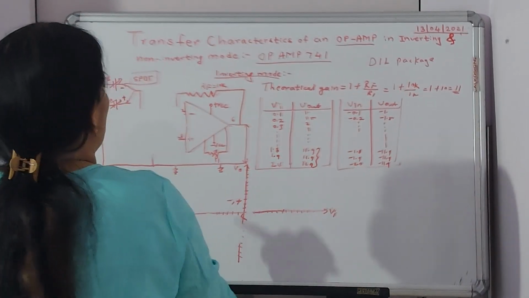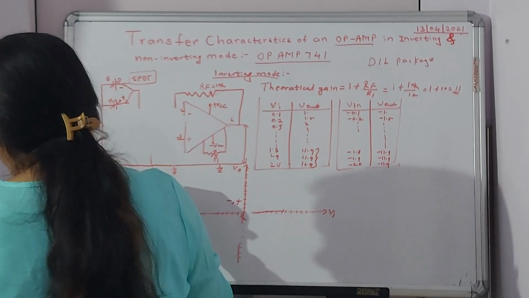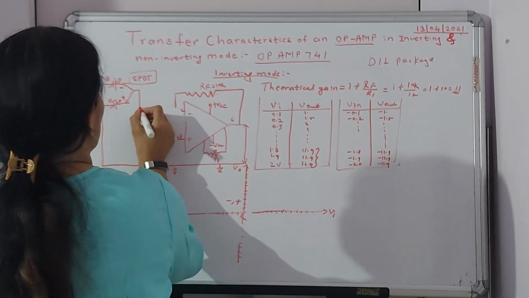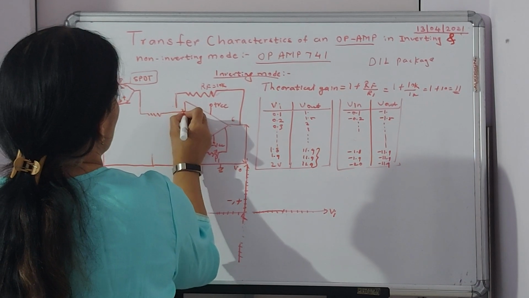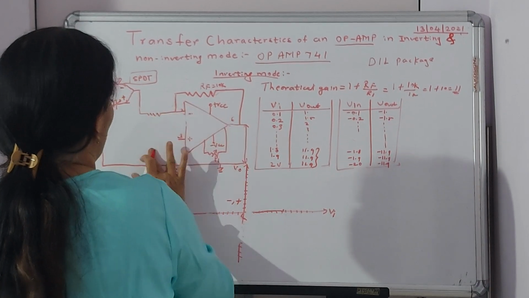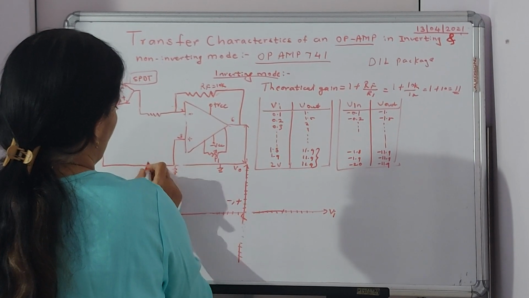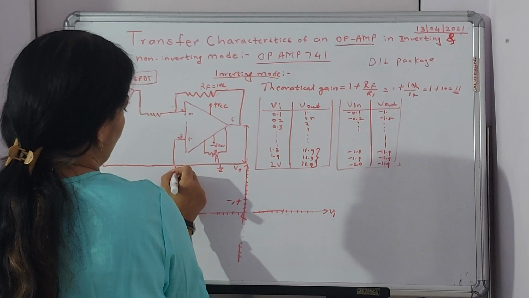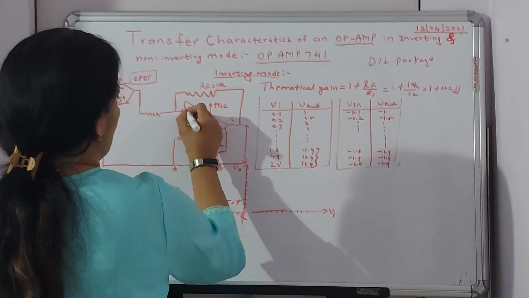So this is my negative. I have to show here that the input is going directly to this. Okay, and this part is directly grounded. Correct? This is grounded. This is also grounded. Right?